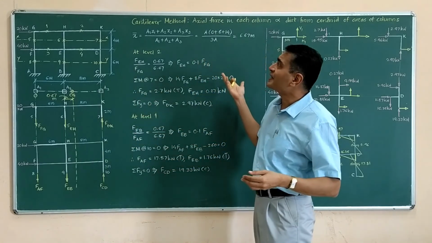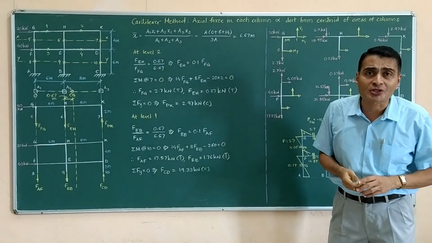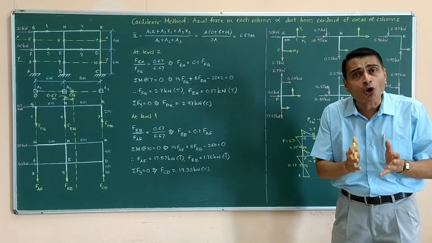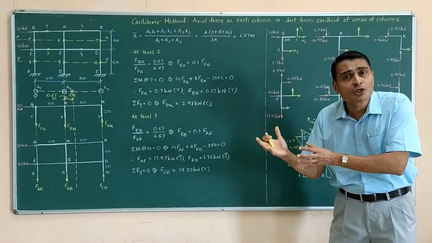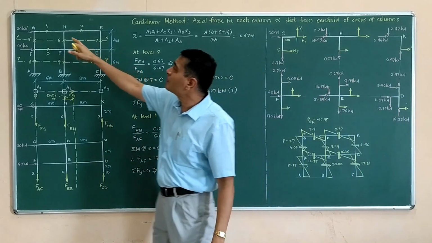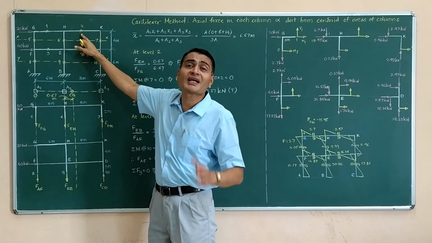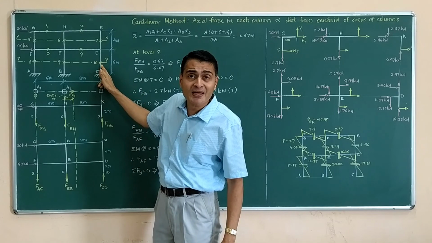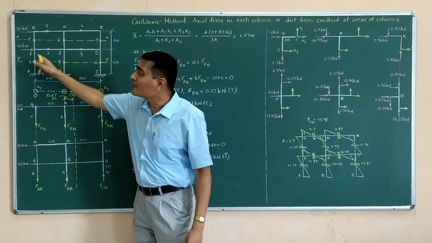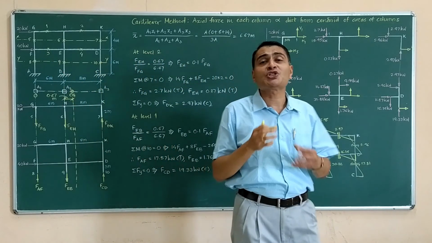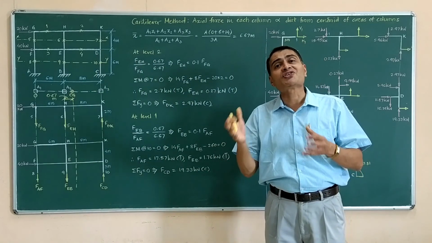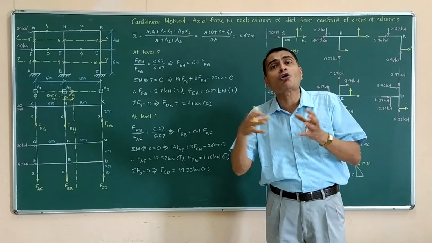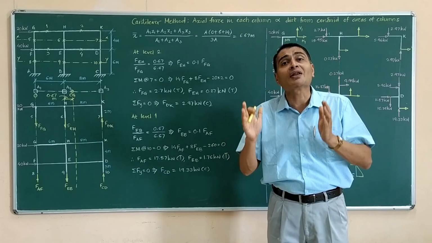Yes, so that is the cantilever method, approximate method of structural analysis. The assumptions are, as we saw while beginning with this numerical example, that all the beams are having points of inflection at midspans, all the columns are having points of inflection at midspans, and the columns are carrying axial forces which are proportional to the distance of that column from centroid of the area of column groups at that particular level.